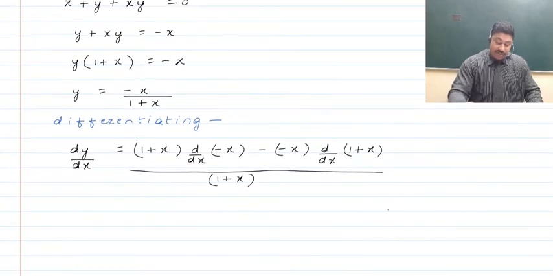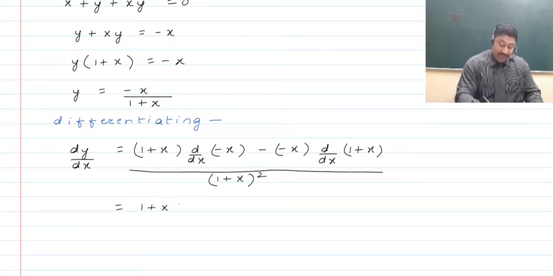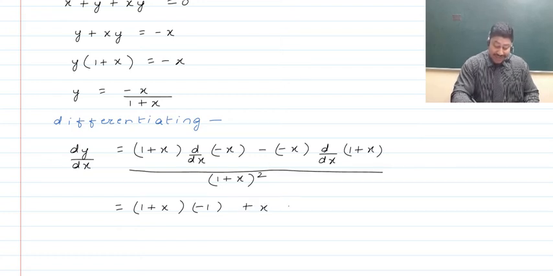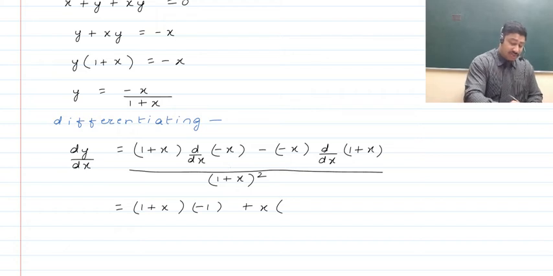Right, so further here children, this will become 1 plus x multiplied with the derivative of minus x, that is, the constant minus 1 will come outside, and the derivative of x will also become equal to 1. As such, it will just remain to be minus 1, and then you'll have minus minus plus x times the derivative of 1 plus x, which will become equal to 0, as the derivative of a constant is 0.